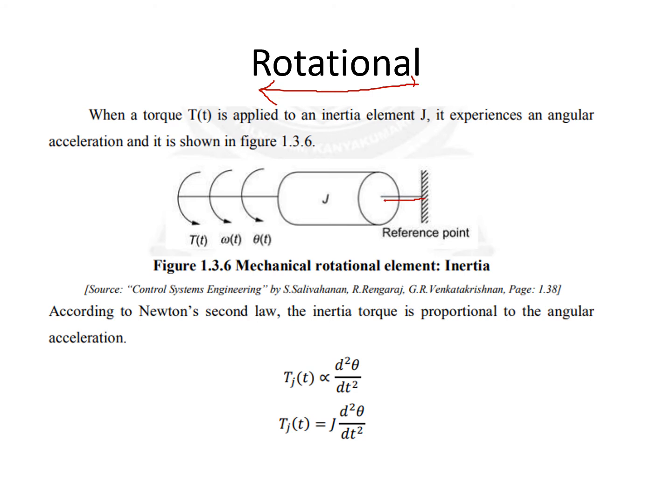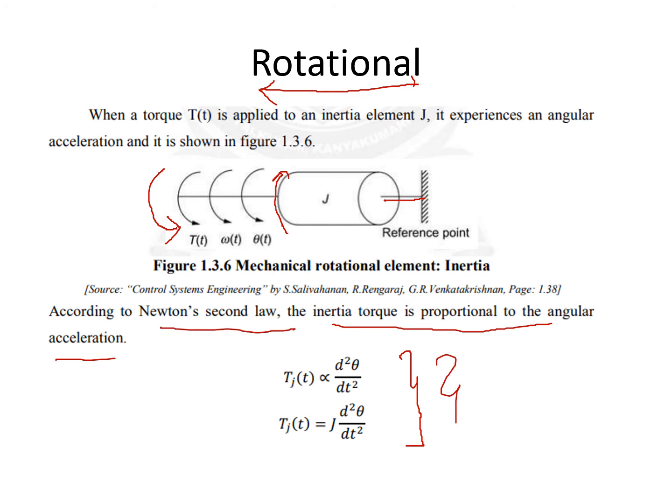These are the same things we already discussed. By Newton's second law, the inertia torque is proportional to the angular acceleration. So however far we try to turn, that much opposite force will come. And what is the amount of the force? According to Newton's second law, this is the amount.